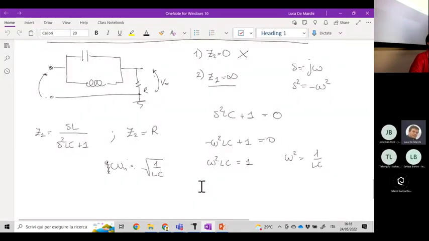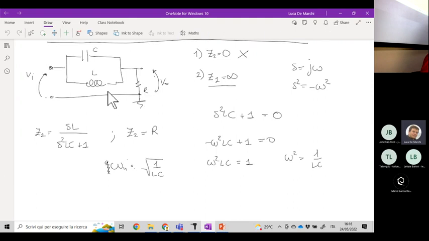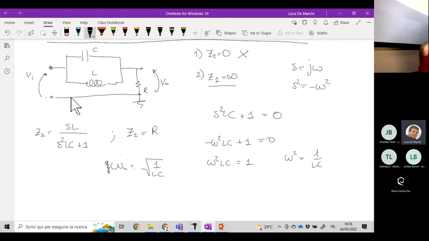We are discussing a possible mechanism to implement a second-order transfer function with the LCR resonator. We have seen that the idea is to start from the parallel between the capacitance, the inductance, and the resistance, and then provide the input in many different ways in order to set the zeros value.